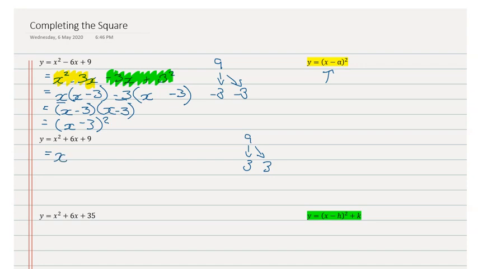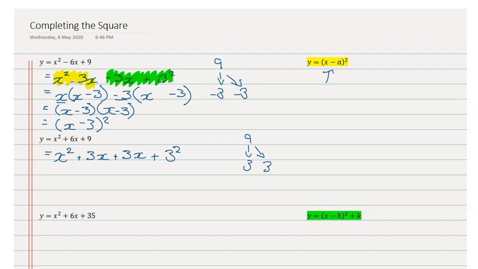So x squared, and I'm going to simply represent this as two 3x's, and then this 9 here, I'm going to represent that as a square as well. Simply looking at this form, we know that it's going to be a perfect square.